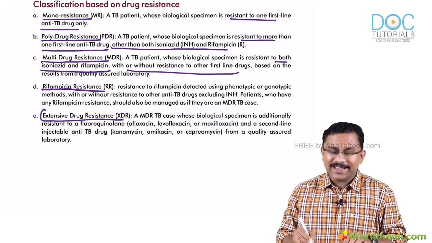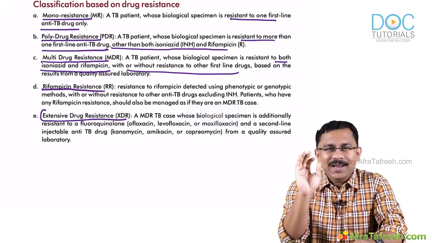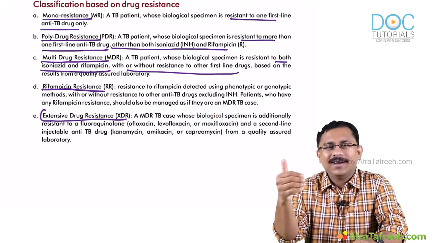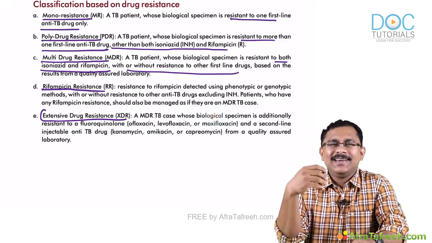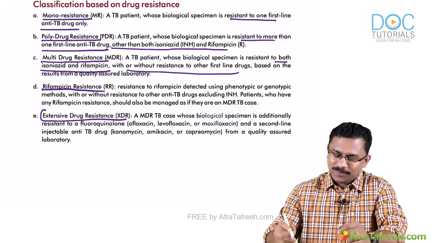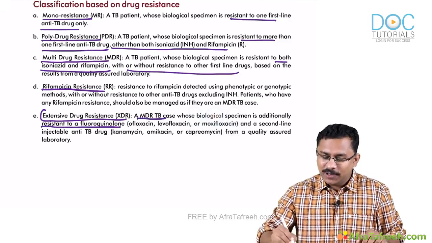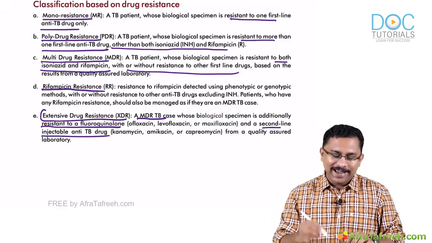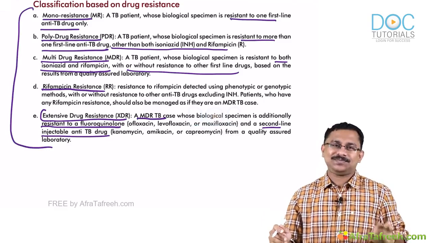Extensive drug resistance is nothing but an MDR TB case with an additional resistance to a fluoroquinolone as well as a second-line injectable like kanamycin, amikacin, capreomycin. So an MDR TB case additionally resistant to a fluoroquinolone and a second-line injectable. That is what you call extensive drug resistance. So these terminologies should be clear.